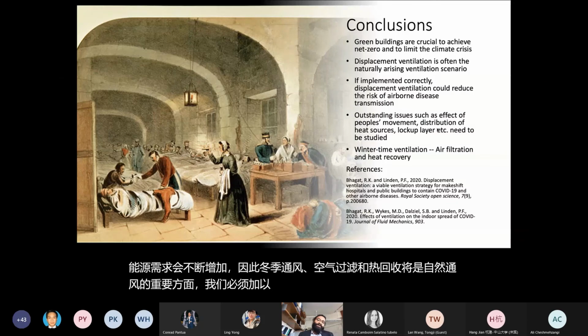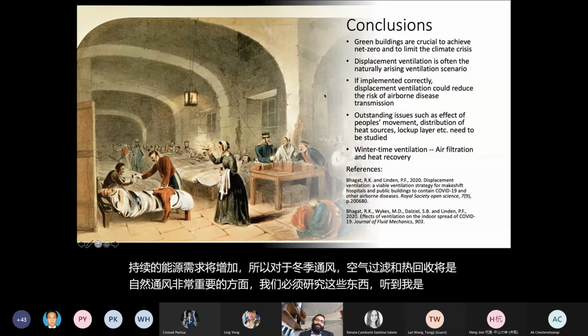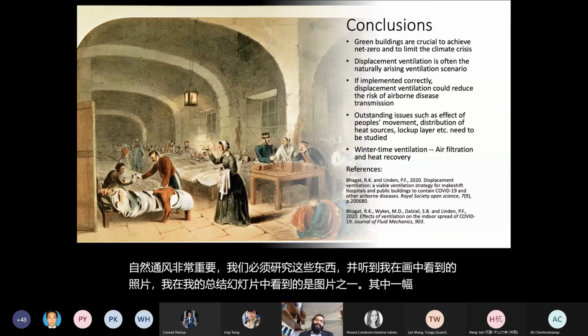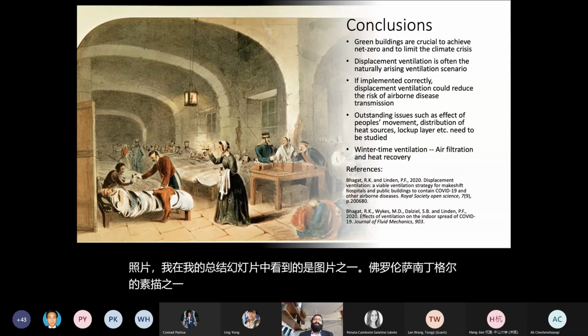And what I'm showing you in the picture in my concluding slide is one of the sketches of Florence Nightingale. The recommendations which Florence Nightingale gave almost 200 years ago were actually recited by many people during the pandemic.